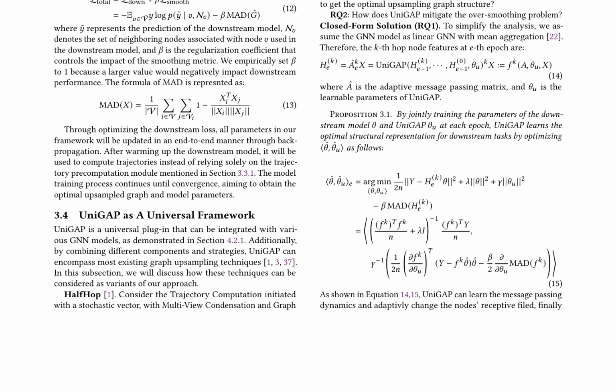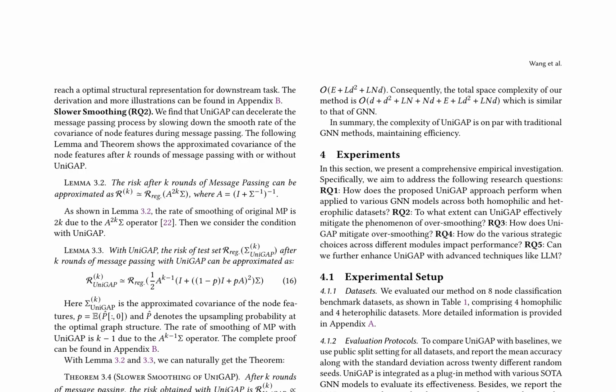Theoretical explanations for UniGAP's effectiveness are provided through closed-form solutions and lemmas, which demonstrate that UniGAP can learn the optimal structural representation for downstream tasks by optimizing the upsampling probability and the downstream model's parameters. The framework's complexity analysis shows that its time and space complexity are comparable to traditional GNN methods, maintaining efficiency.